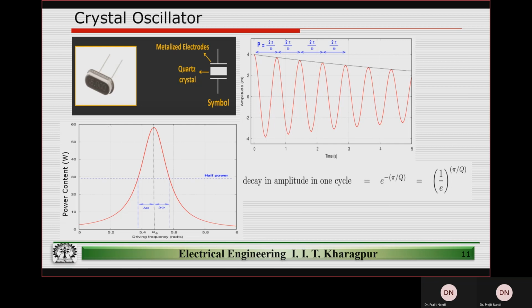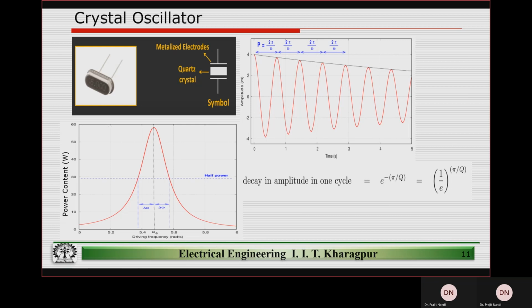We can think of Q also from a spectral purity point of view. If we take a clock frequency and put it in a spectrum analyzer and plot the power content of the clock as a function of frequency, ideally we would like the complete power to be concentrated in a very narrow band of frequency. We don't want the power to be spread, because then it's not going to be a clean clock, in the sense that it will have more than the intended frequency components, right?